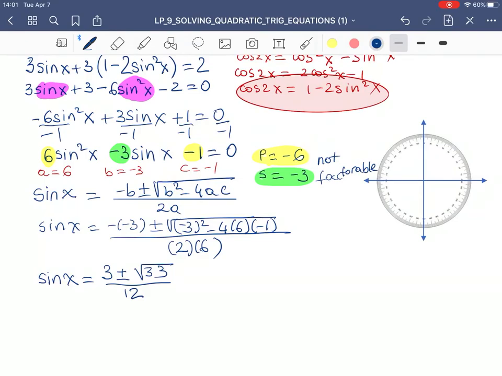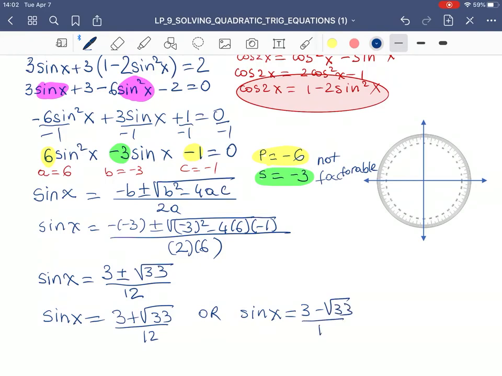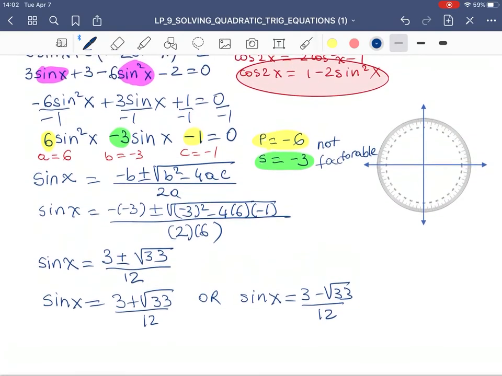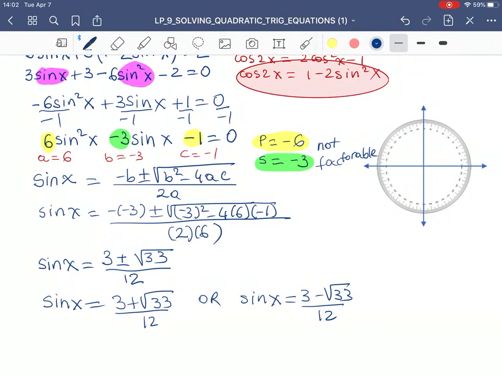So guess what? We are going to separate the roots for now. Let's say sine of x equals 3 plus root 33 over 12, or sine of x equals 3 minus root 33 over 12.